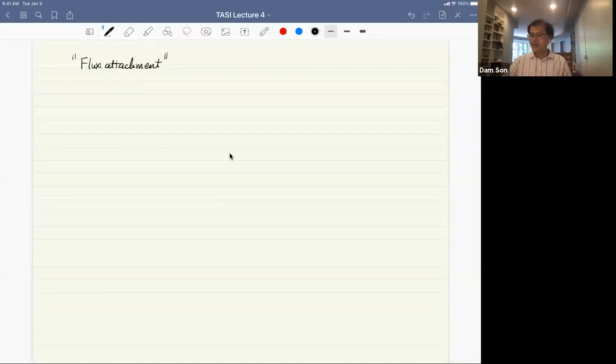But in the context of duality between different quantum field theories, it becomes quite non-trivial. So the idea of flux attachment is the following. Maybe I first write down the statement in words.